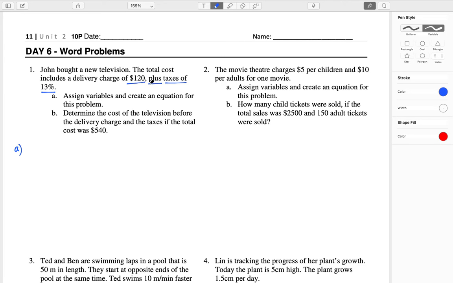So it looks like we have to use two variables. So let x be the cost of the TV, right? We don't know what the TV costs. Let x be the cost of TV, and let y be the total cost.